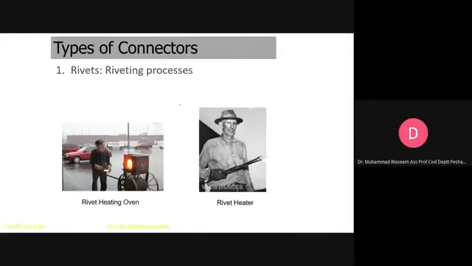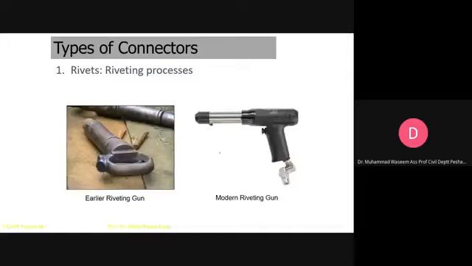As I told you, you have to heat the rivet before driving it into the connection. You can see in this picture that the rivet is heated here. Riveting is carried out with the help of a riveting gun. This is an older version of a riveting gun, and this is a modern version.